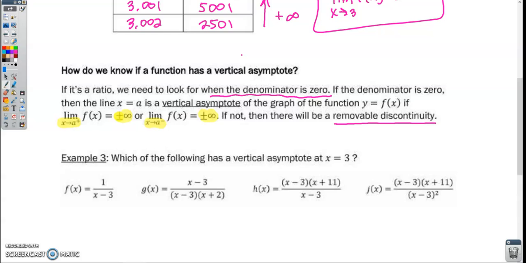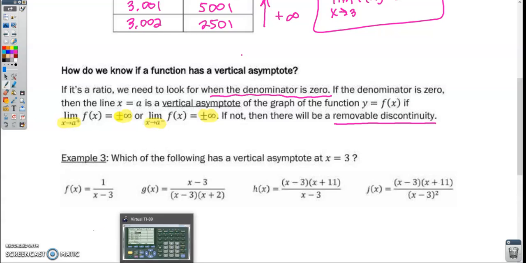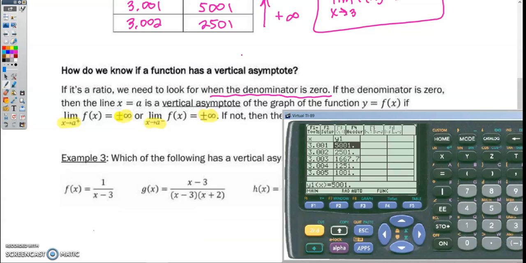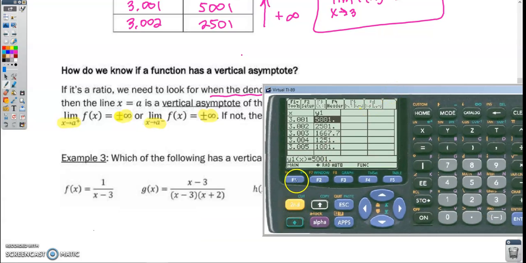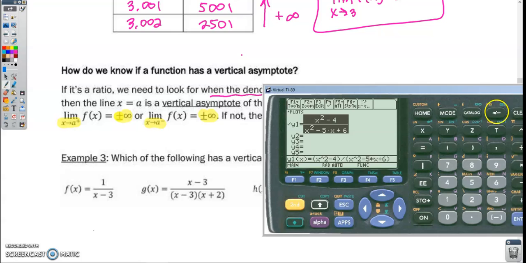All right, so let's look at these. Which of the following has a vertical asymptote at x equals 3? So we start with f of x equals 1 over x minus 3. So does this have a vertical asymptote at x equals 3? Now I could go ahead and make a table for this centered at 3 and see what happens with my limits. I've already got the table set up to be around 3, so I might as well use what I have.